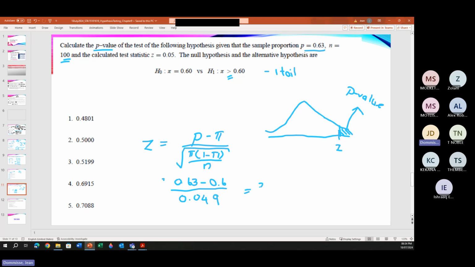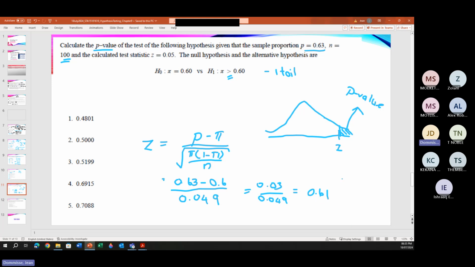So 0.03, because 0.63 minus that is 0.03 divided by 0.049. Hopefully will give us a number that we can work with. Okay, so I get 0.61. So that is my Z.